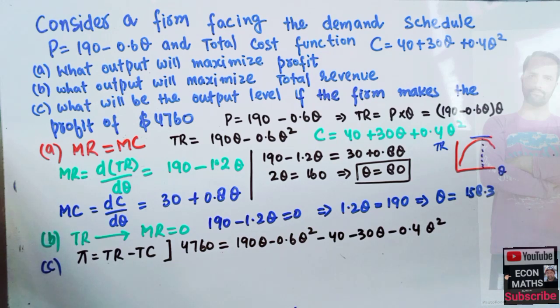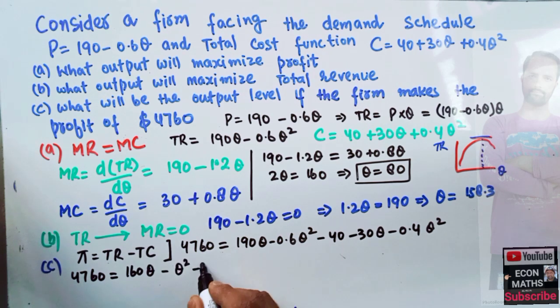Now we need to solve this function for q. So if we write it in this fashion, we have 4760 equal to 190q minus 30q, which comes out to be 160q, then 0.6q square minus 0.4q square comes out to be q square.